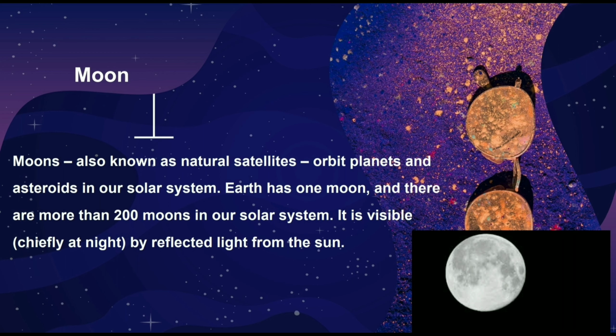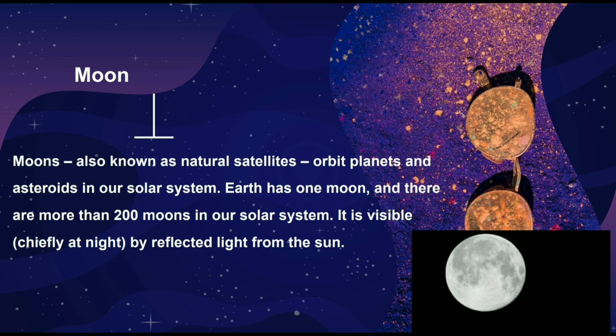Okay, alright, so now let's move on. So now we're talking about the moon, and we love to see the moon, especially since it's visible at night. Now moons, which are also known as natural satellites, orbit planets and asteroids in our solar system. So planets orbit the sun, moons orbit planets. Okay, so let's get a classification out there.